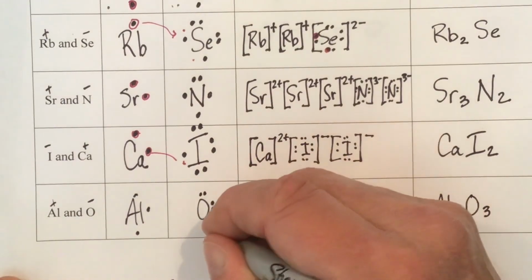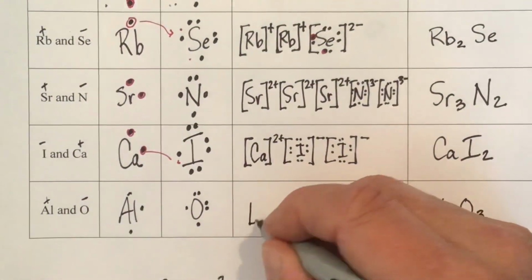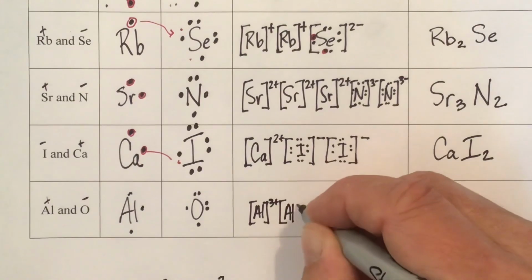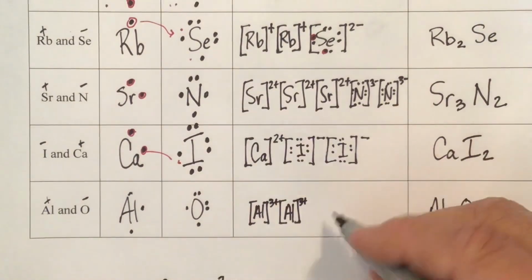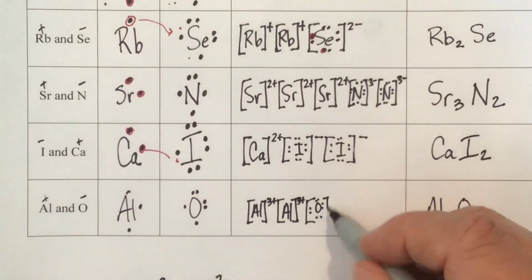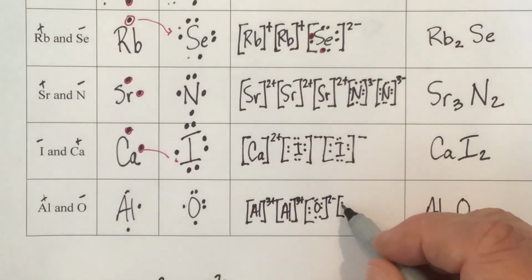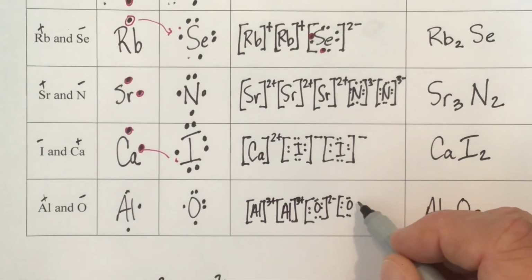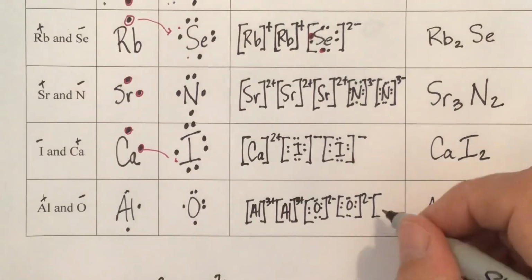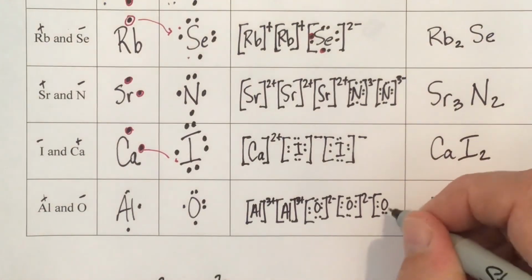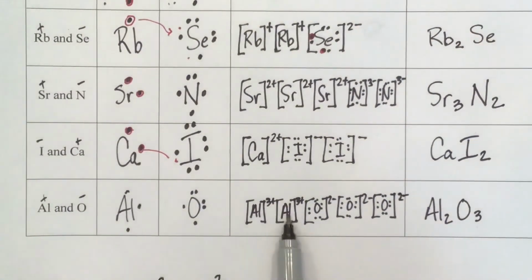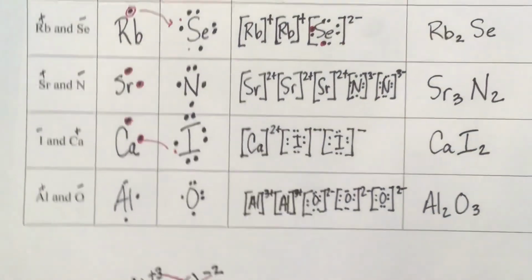And so we can kind of reverse engineer this thing and go from the formula to the Lewis dot diagram. And we know we're going to need 2 aluminums. And we're going to need 3 oxygens. +3, +3, -2, -2, -2 equals 0.